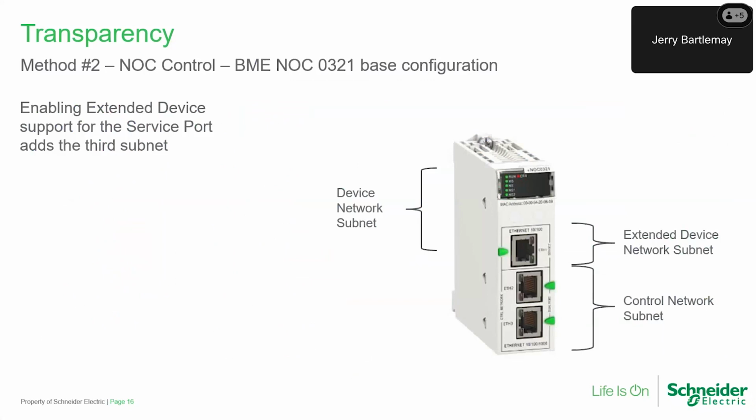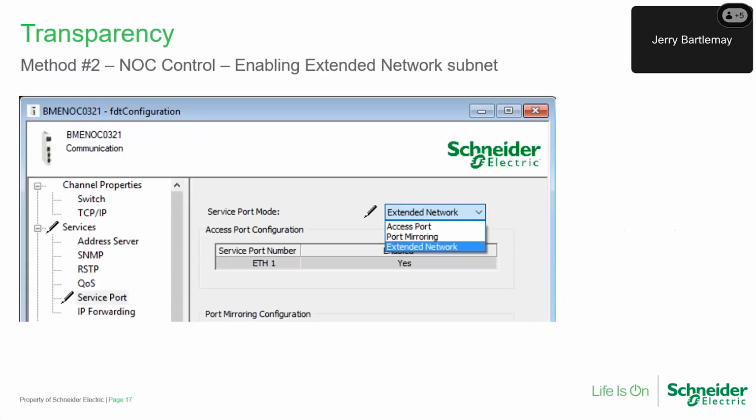Now we can turn on extended device support and create an extended device network subnet, and that would attach to the service port. So back into the DTM for the NOC module again, we come back to the service port configuration, and now that we have IP forwarding turned on, we have extended network as an option.